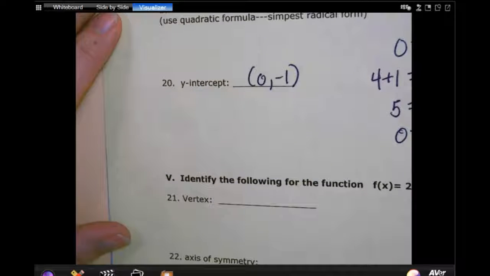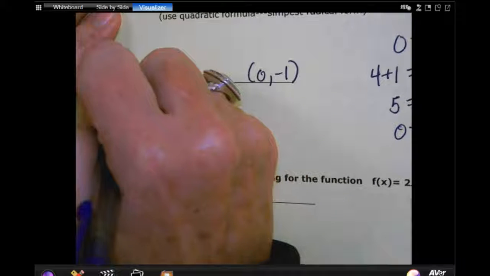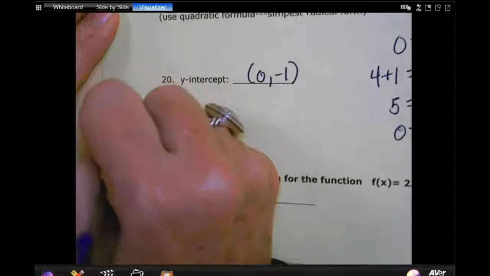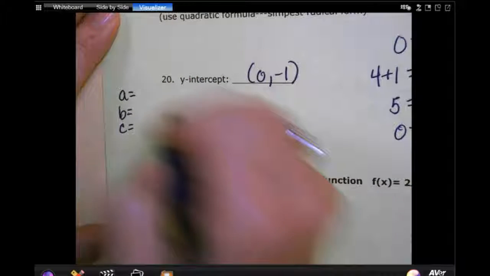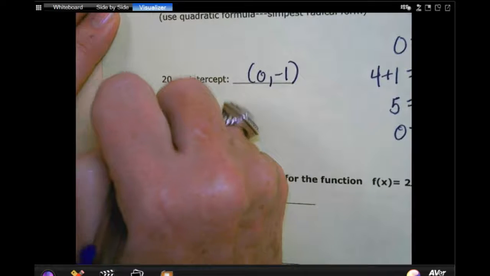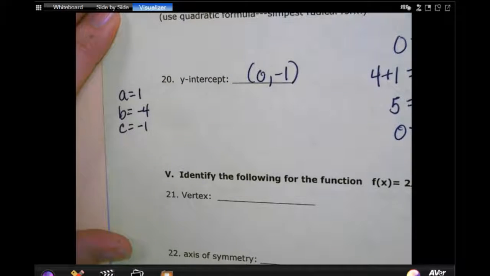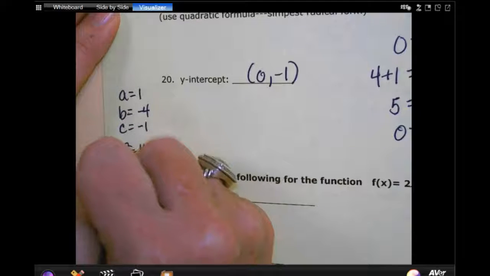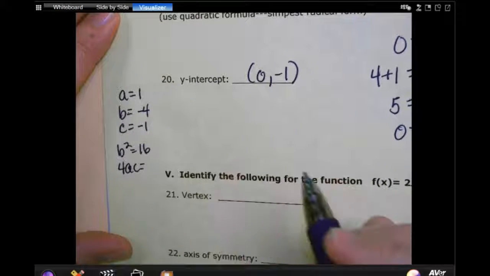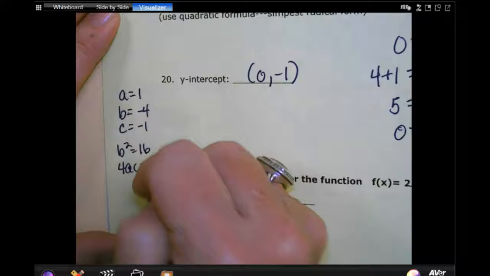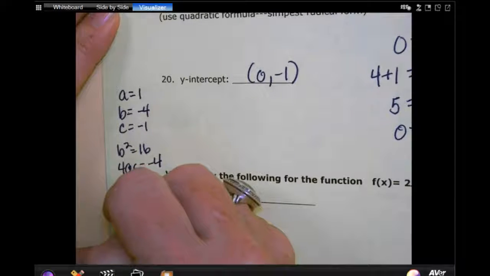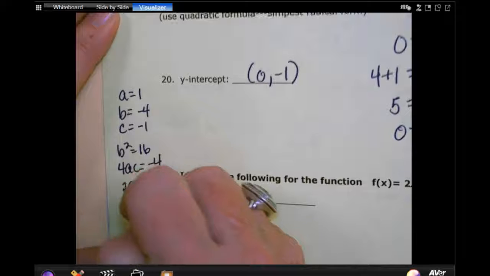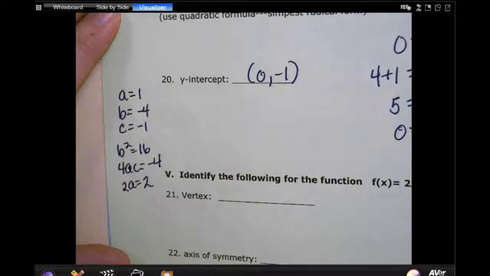So I'm going to write that down here so I have more room again. So a, b, and c. My a is 1, my b is negative 4, and my c is negative 1. Four times a times c gives me negative 4. And your 2a is 2.